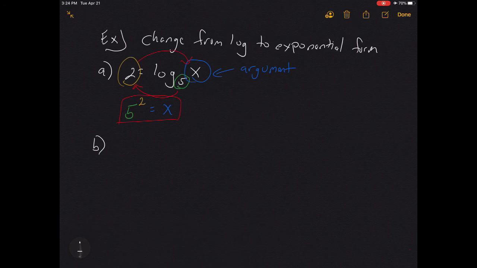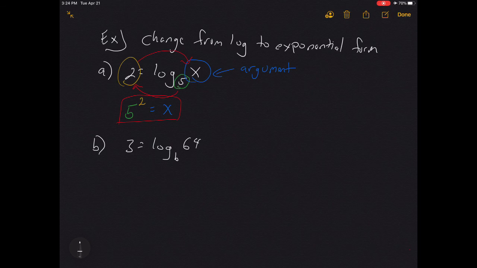Letter B, let's try it again. So now we're going to have 3 equals the log of 64 base b. So now the base is the variable here. It's not something that we have a value of, but it's still the same idea. And again, we're just rewriting it. We're not really trying to solve for anything here.